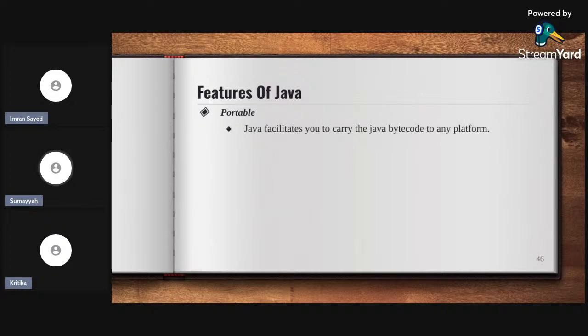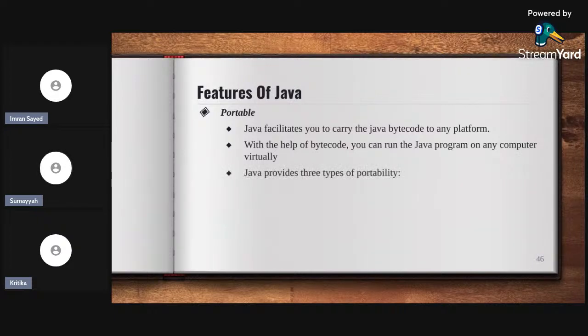Java facilitates you to carry the Java bytecode to any platform. With the help of bytecode, you can run the Java program on any computer virtually. Java provides three types of portability: source code portability, CPU architecture portability, and OS GUI.